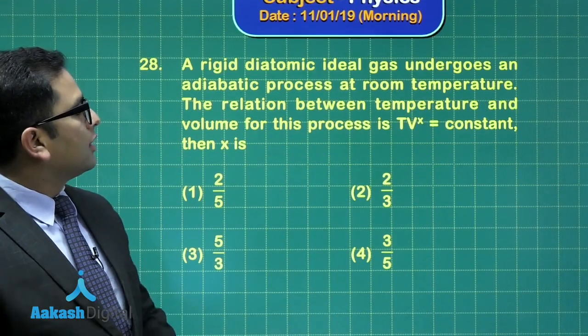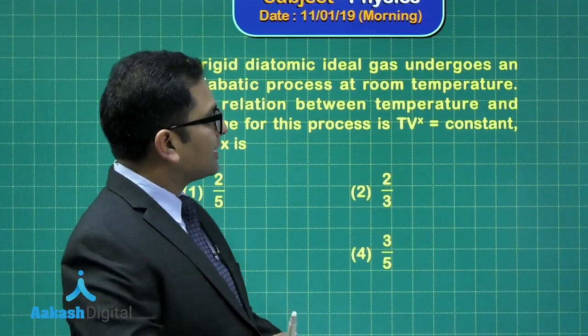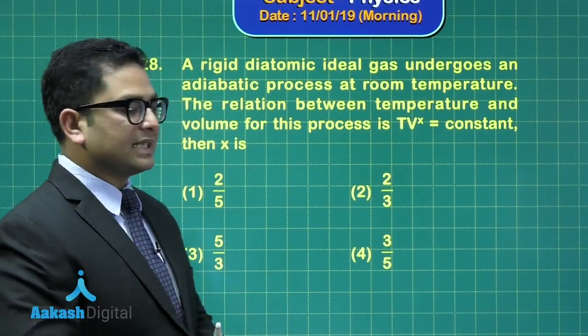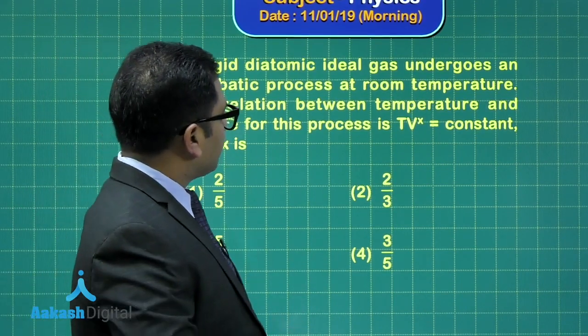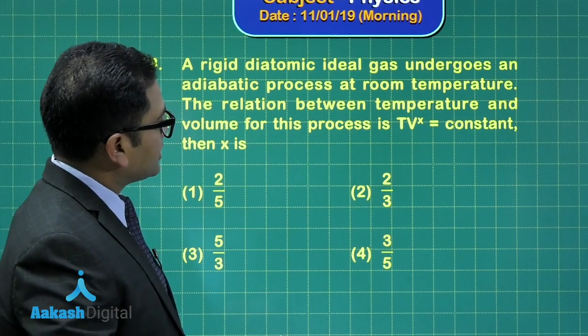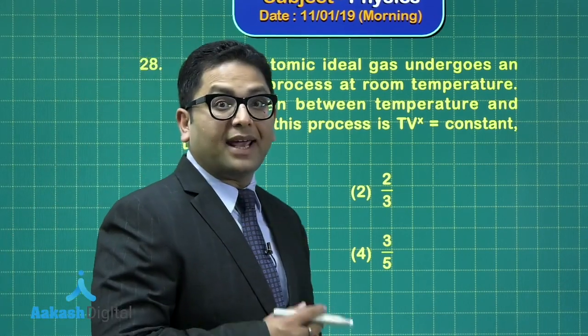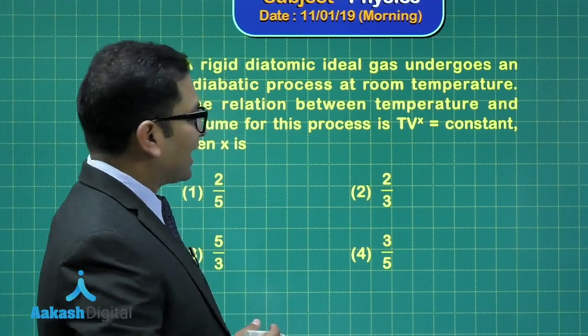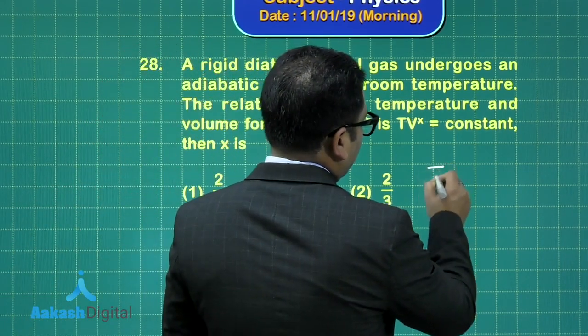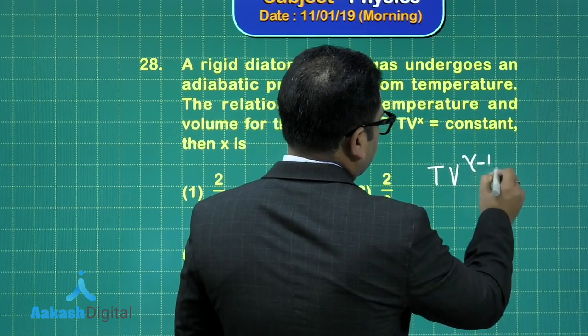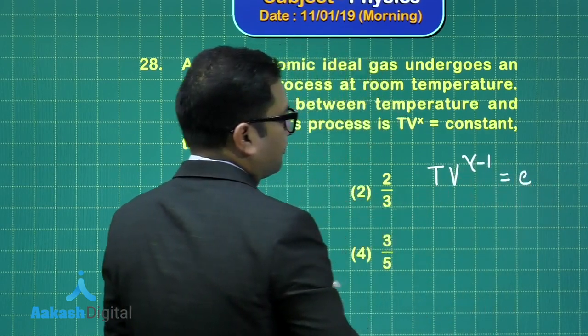It says that a rigid diatomic ideal gas undergoes an adiabatic process at room temperature. The relation between temperature and volume for this process is TV raised to the power x is constant, and you need to calculate x. If it is an adiabatic process, that's going to be TV^(gamma minus 1) is constant.